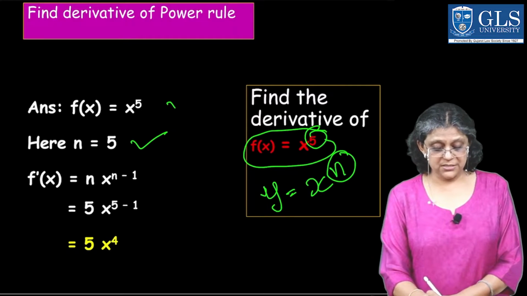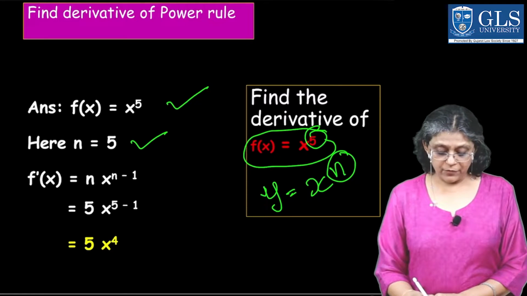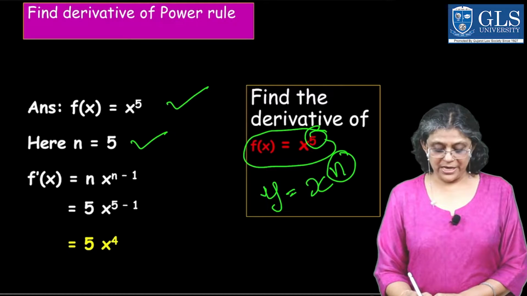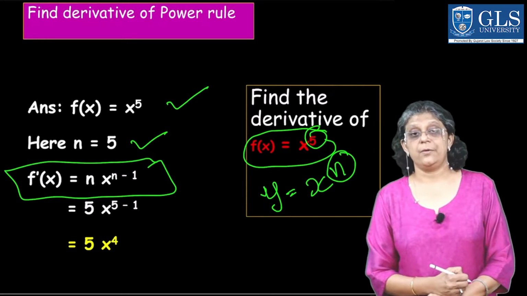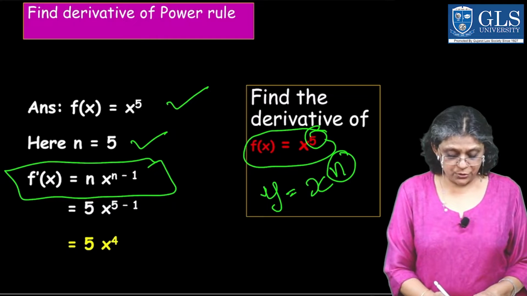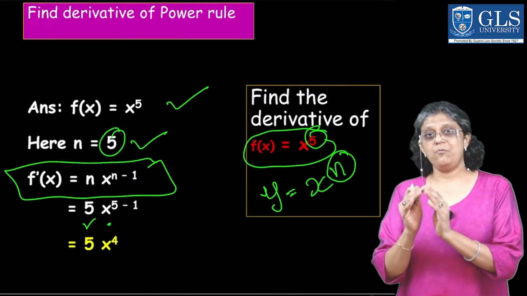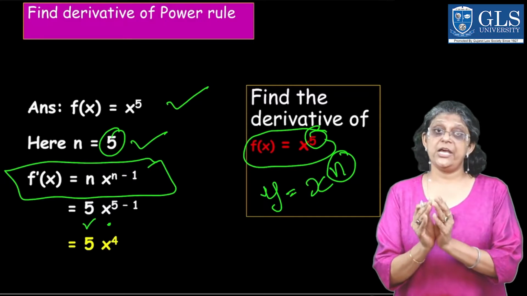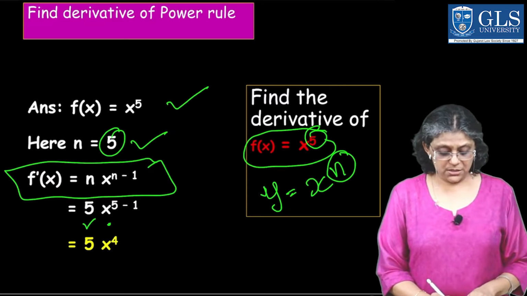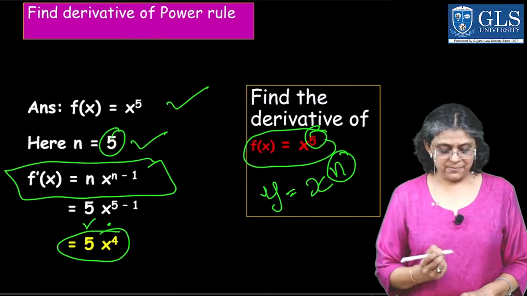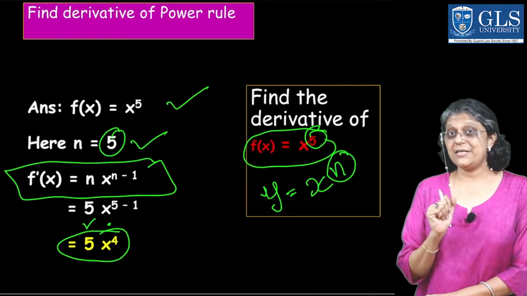Your f(x) is equal to x raised to n, with n equal to 5. The differentiation formula is this, so I will just substitute the value of 5 here, x, and one power less. If it is 6 it becomes 5, if it is 4 it becomes 3. So 5 minus 1, my answer is 5 into x raised to 4. Isn't it very easy, student?